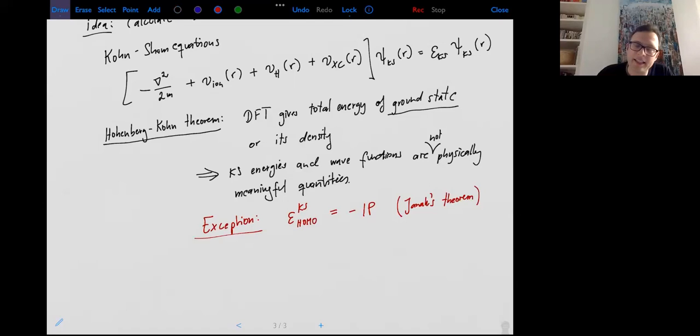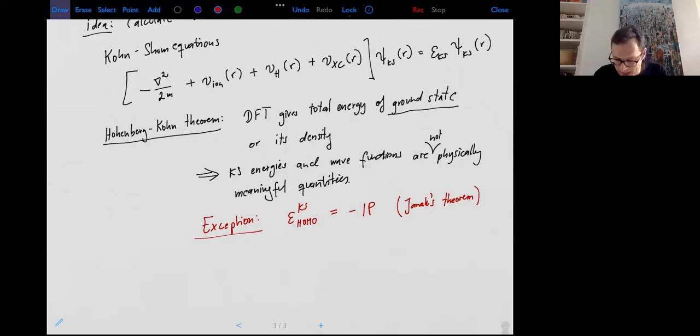So if you had the exact exchange correlation potential, then the HOMO Kohn-Sham energy would actually match the experimentally measured ionization potential. But as you know, in practice, we never have the exact exchange correlation functional. So in principle, of course, there's a problem, but in practice, very often there is not.